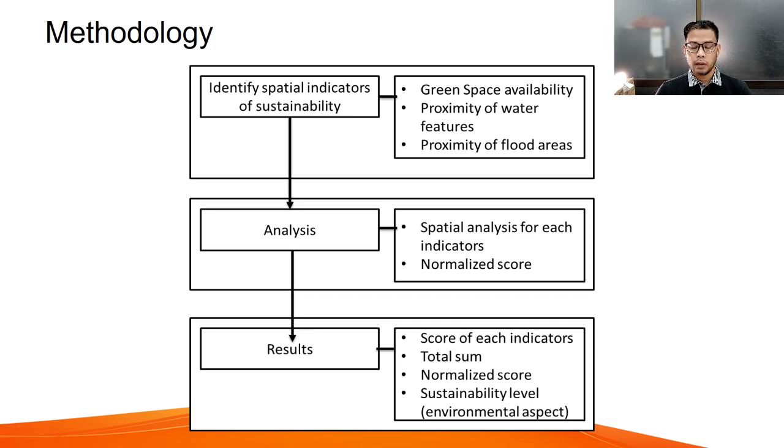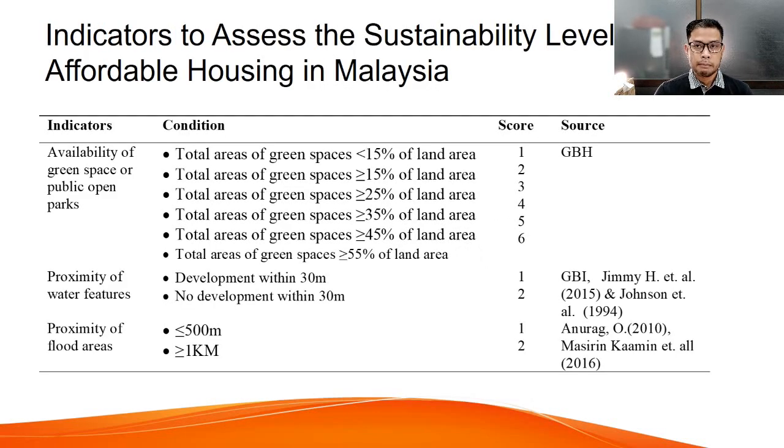After that, all the scores from each indicator are normalized to find the mean score for all the indicators. From there we come up with the results: the score of each indicator, and the total score of all the indicators, which we normalize. Lastly, we can see the sustainability level of the affordable housing based on the environmental aspect.